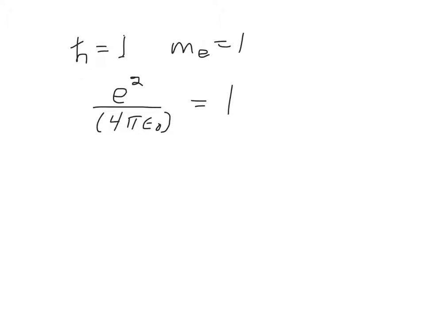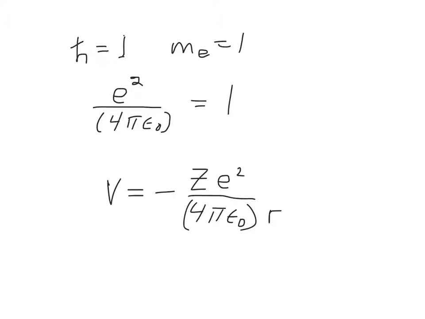That potential energy is given by this equation. So V is minus Z e squared over 4 pi epsilon naught r. So you can see if e squared over 4 pi epsilon naught is exactly equal to 1, the formula for potential energy is simply minus Z over r.